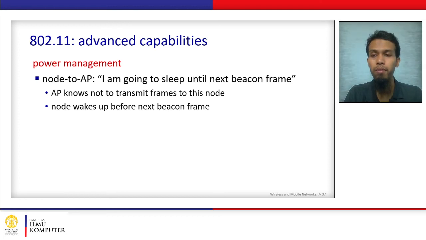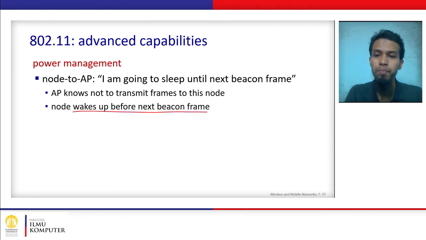In 802.11, if the node wants to sleep, the node sends a message to the AP telling it that it is going to sleep until the next beacon frame. The beacon frame is periodically sent by the AP to the wireless nodes in its area. By receiving this message, the AP knows not to transmit frames to this node, because the node is going to sleep. And then the node wakes up before the next beacon frame.